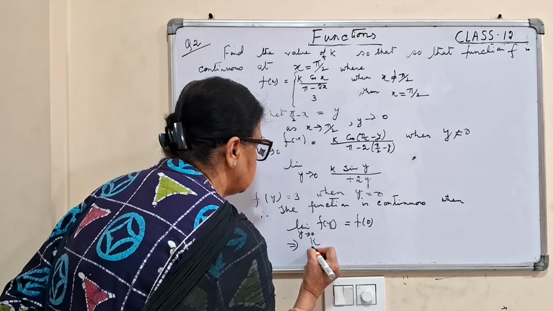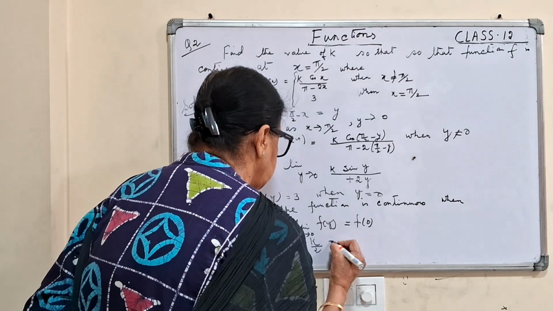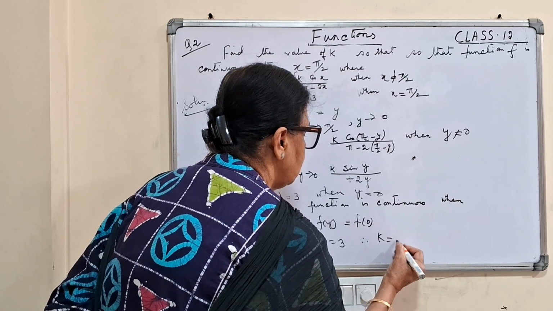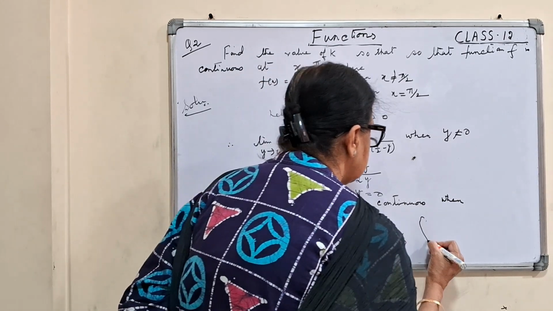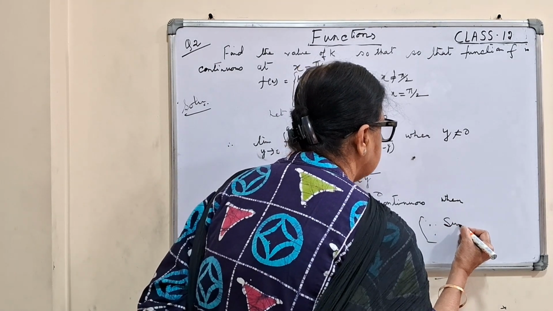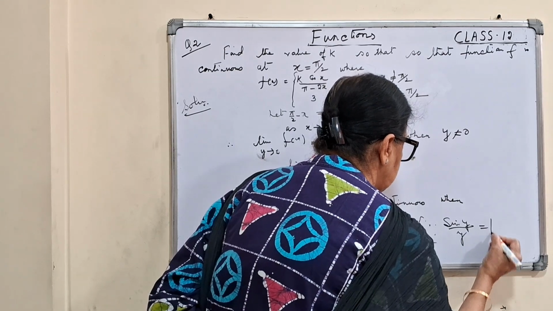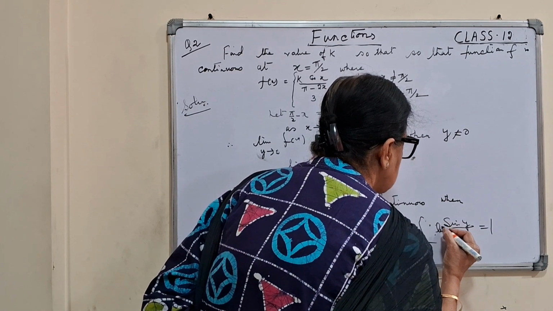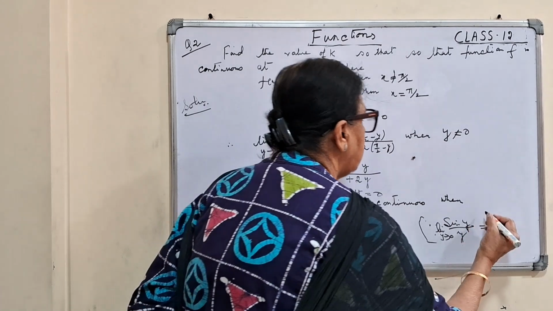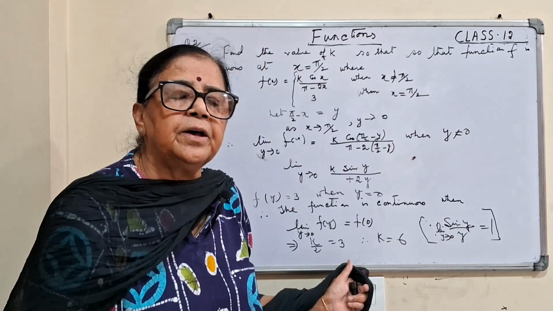Sin y by y is 1, so k by 2 is equal to 3, therefore k is equal to 6. Since the identity we have used is sin y by y is equal to 1 as y tends to 0, and here k is equal to 6.